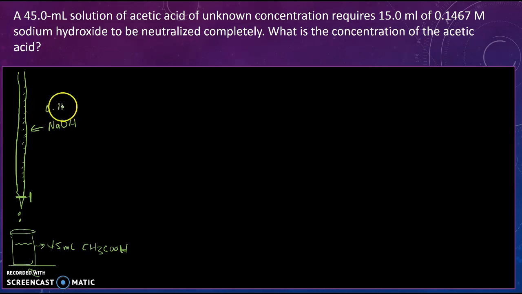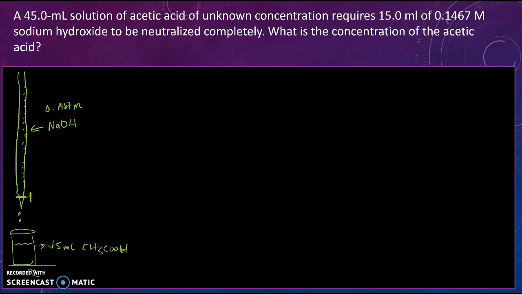What we do know is that we have a sodium hydroxide solution, and we know its concentration very well. So the thing that we are titrating with, we'll know its concentration very well. In this case, I made up this number, it's 0.1467 molar. That's being delivered there. So we know the volume that it's going to take to neutralize, and later on we'll get into how we know it's neutralized. We'll use a pH indicator, or a pH meter to look at the titration.